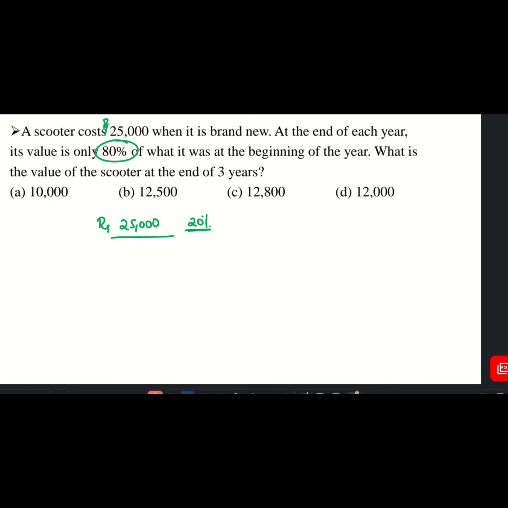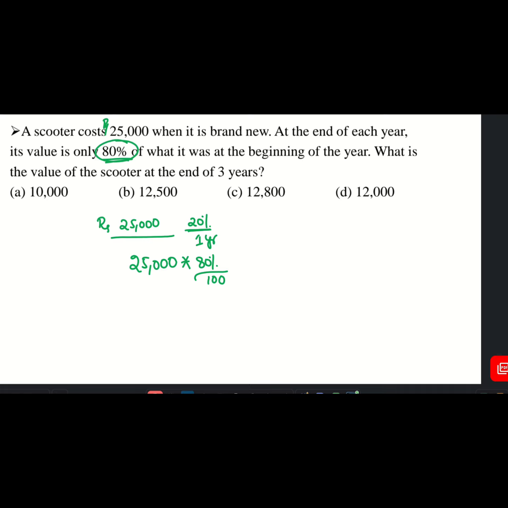So the value after the first year will be equal to 80% of 25,000.